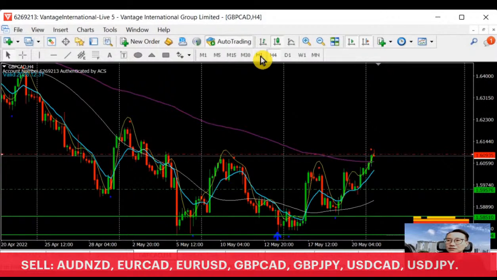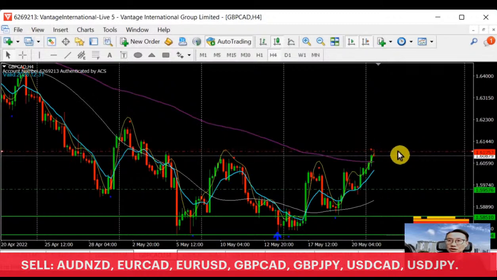Why? First of all, H4 opened a new candle and it stays somewhere here with a rejection. The rejection candle over here is about at a resistance on the left, you see?